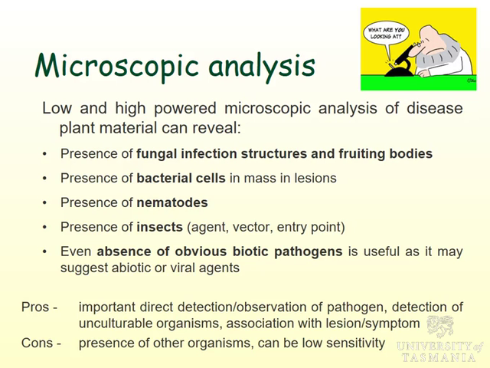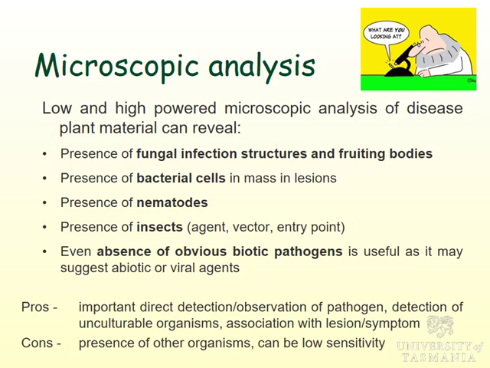You're probably going to find more information by directly looking at the plant sample itself, where the pathogen might be present. Low and high powered microscopic analysis can be useful. You might be able to see signs of the pathogen, maybe sporulation, a bit like those mildew samples we had in the prac class last week.